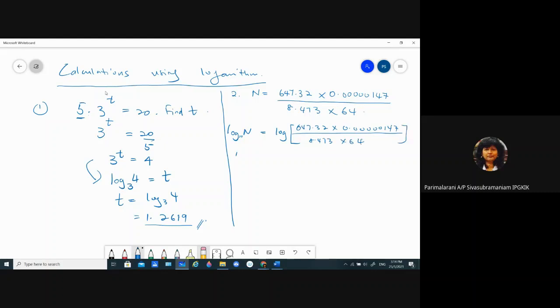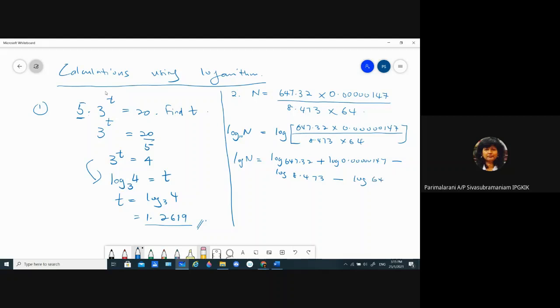So log n is equals to, when you have this times this divided by this times this, it actually means log 647.32 plus log 0.0000147 minus log 8.473 minus log 64.